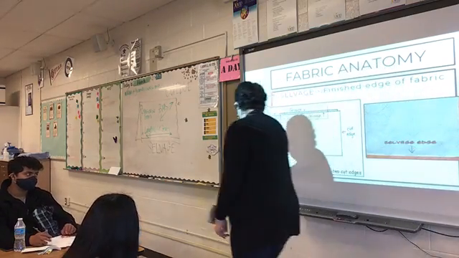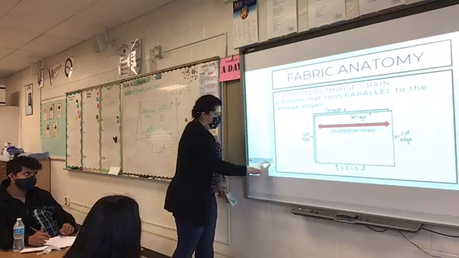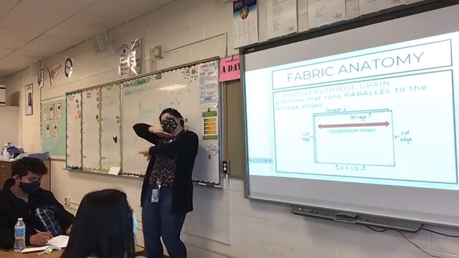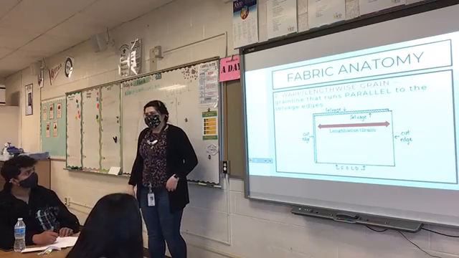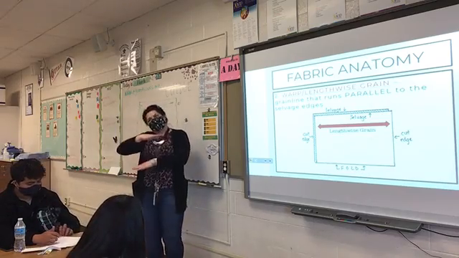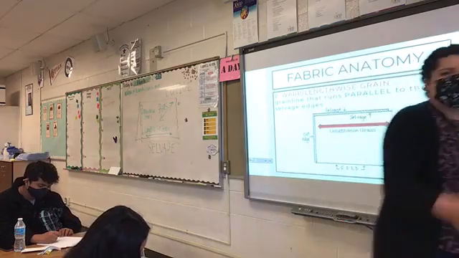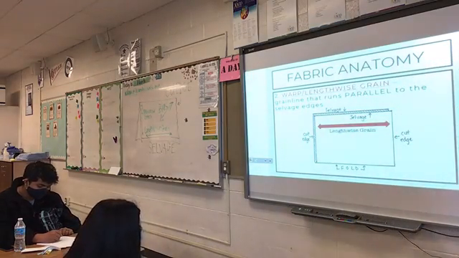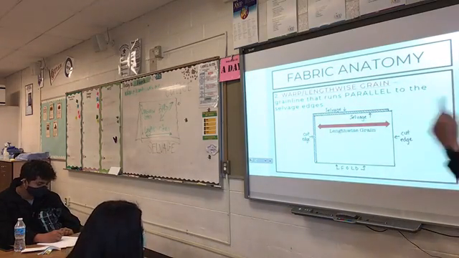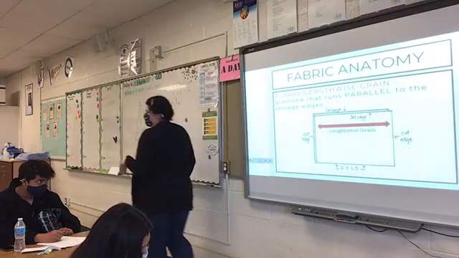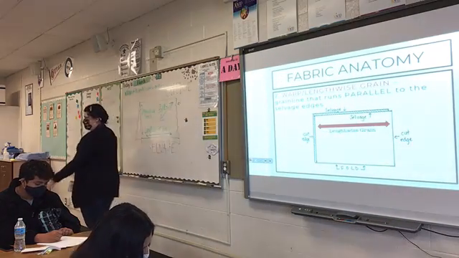All right. So now we have our lengthwise grain runs parallel to the selvage, so write that down. Why am I doing this explicitly? Because you have a quiz. This is on the quiz. How many questions are on it? Four.